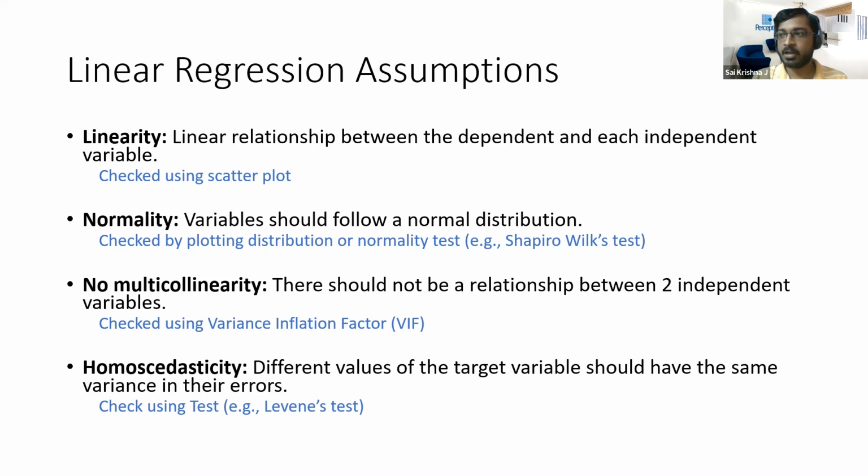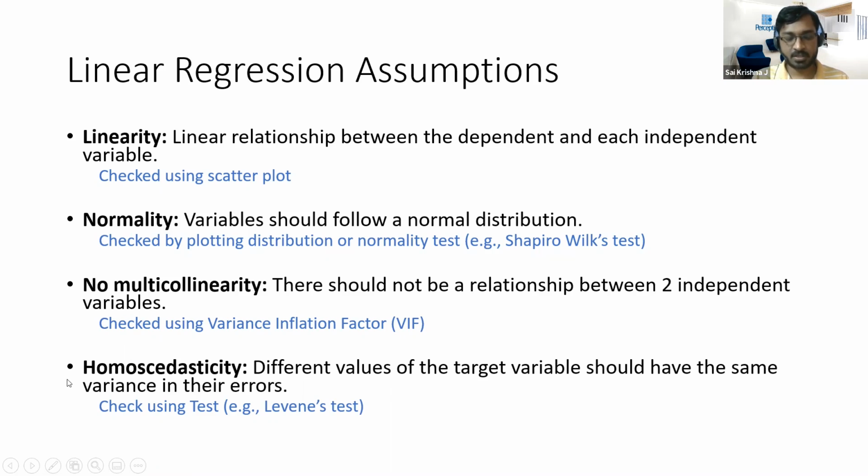It should not be like for the high income groups your model predicts very well, there is very low error, but for the low income groups there's a huge error. If that happens, then that is called heteroscedasticity. So the variance of the errors of the target variable should be uniform. This condition is called homoscedasticity, and this is also one of the assumptions for linear regression.